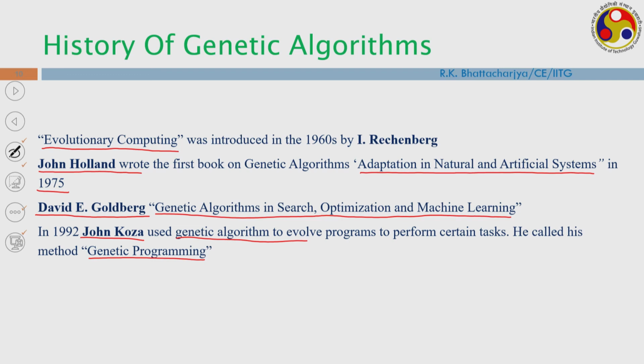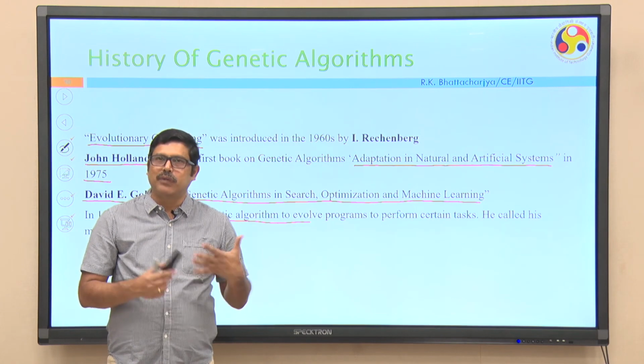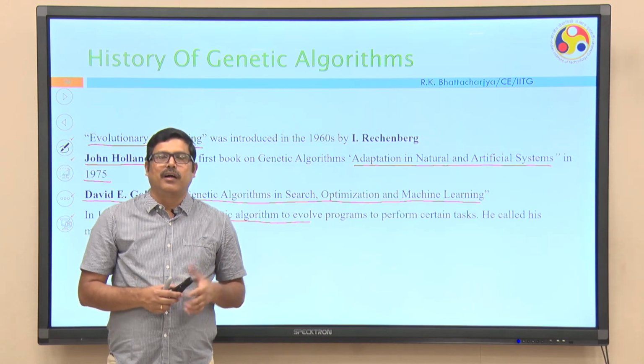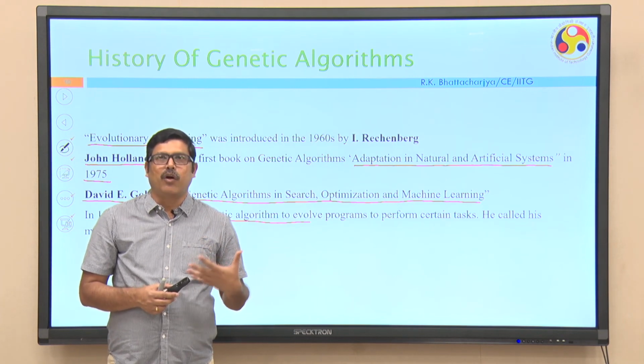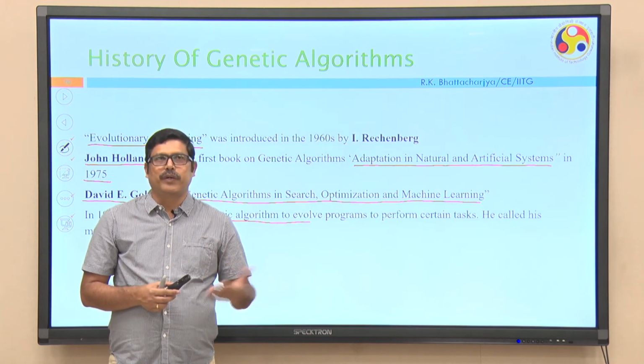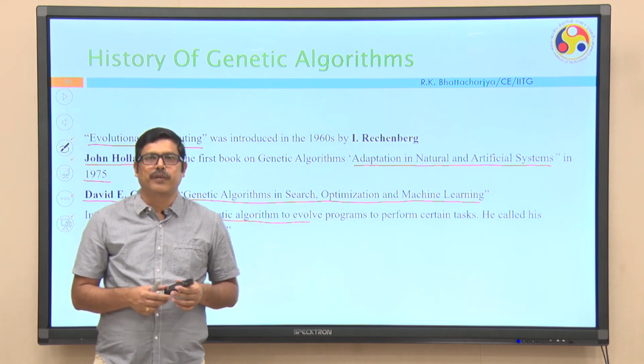Okay. So, this is how genetic algorithm has evolved, and after that many people have used it, and now I think it is one of the popular methods for solving nonlinear, non-convex optimization problems.